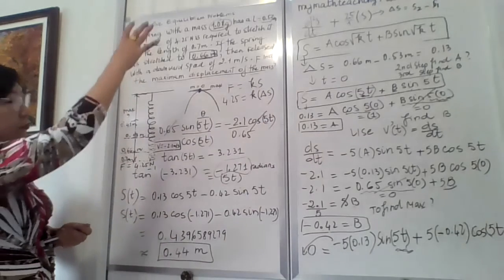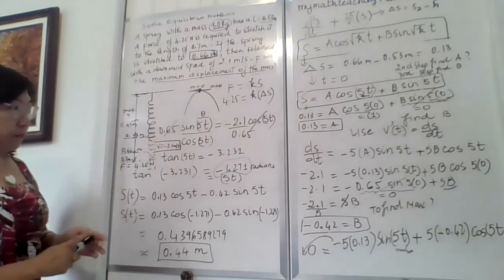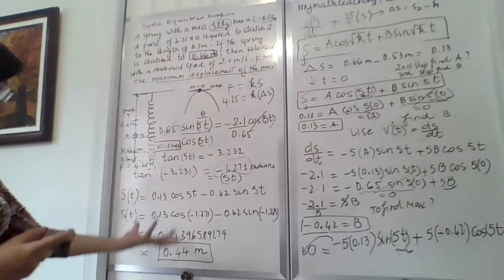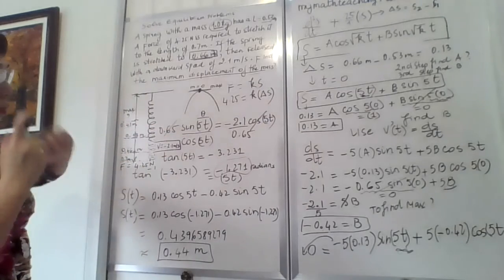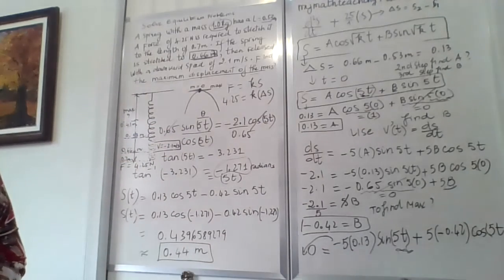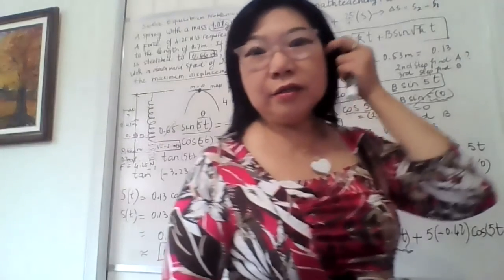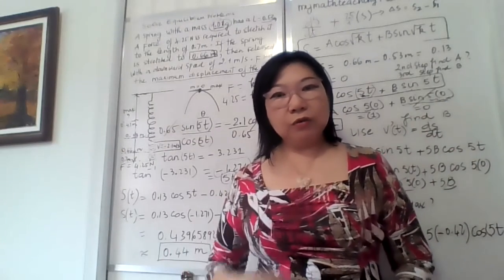So I have shown you how to solve this problem very clearly, and I also summarized the steps we did. I hope you'll be able to follow and understand this question very well.